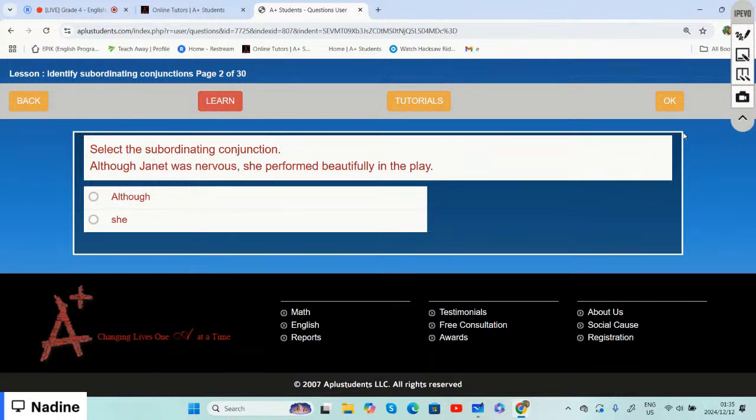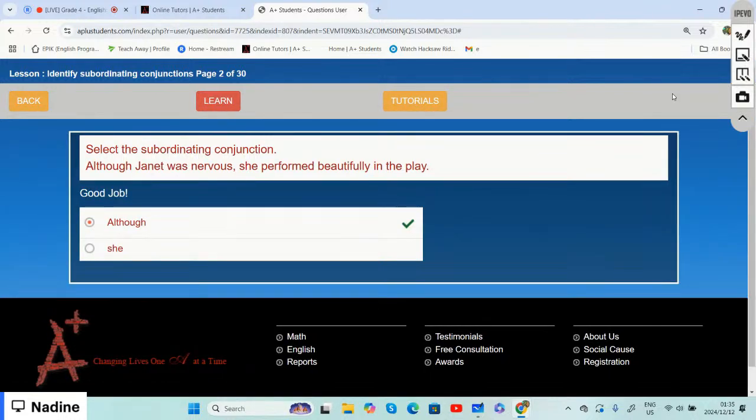So although Janet was nervous, she performed beautifully in the play. And yes, option one, although, is correct. Well done.